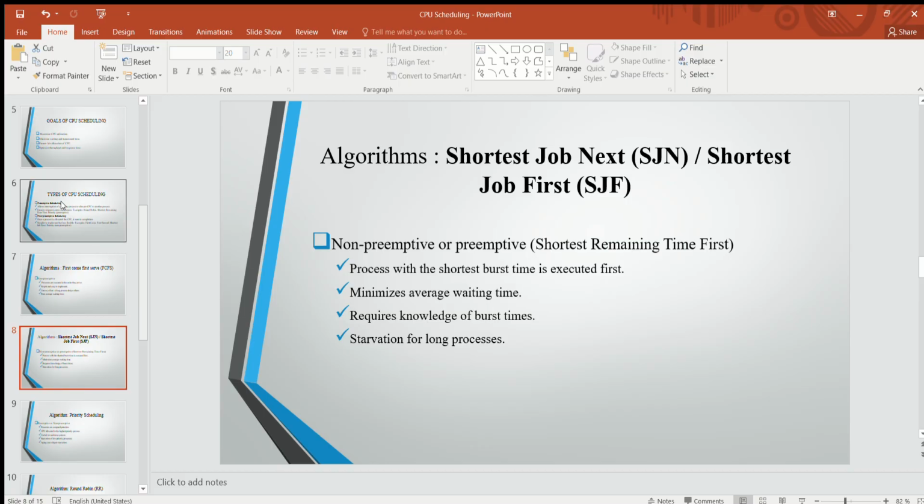The process with the shortest burst time is executed first, and it minimizes average waiting time, so processes don't have to wait in the queue for too long. It requires knowledge of burst time, and there's starvation for long processes.